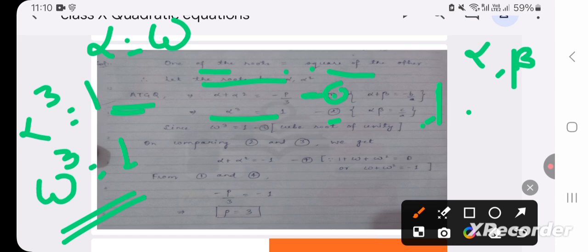So here on comparing equations 2 and 3, we can get alpha plus alpha square is equal to minus 1, because if alpha is equal to omega, the cube root of unity, we know that the sum of all the cube roots of unity, that is 1 plus omega plus omega square, is equal to 0. So omega plus omega square is equal to minus 1.